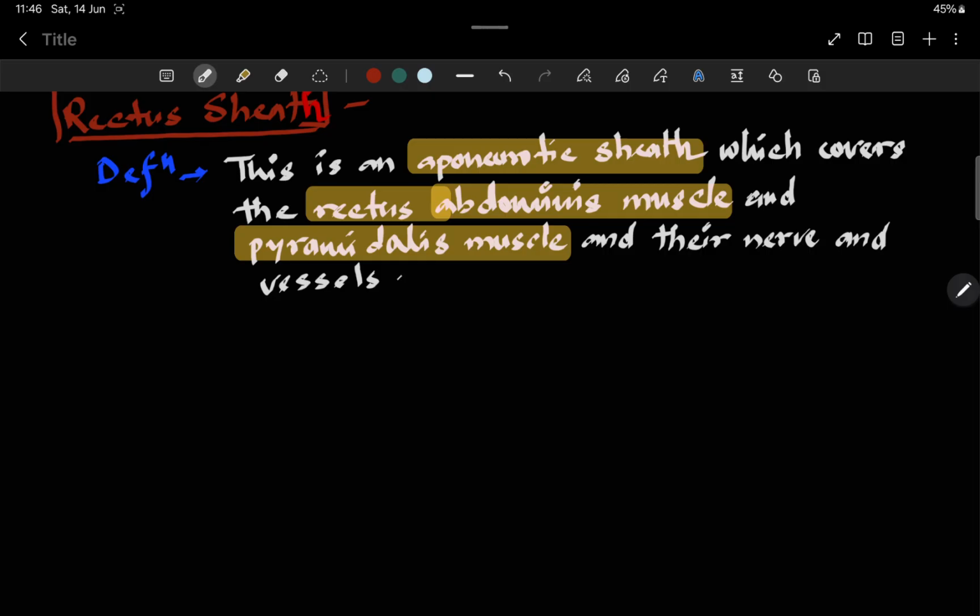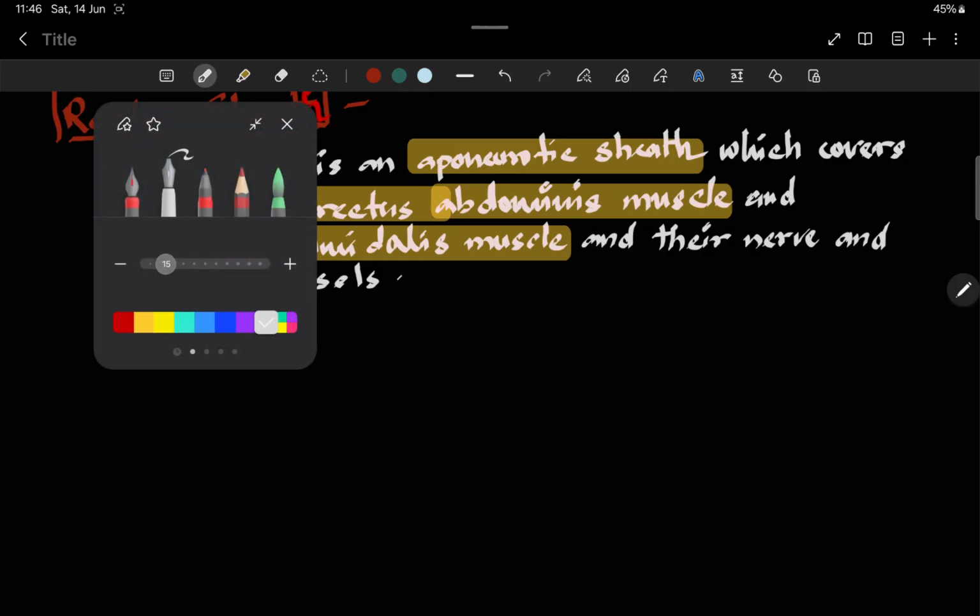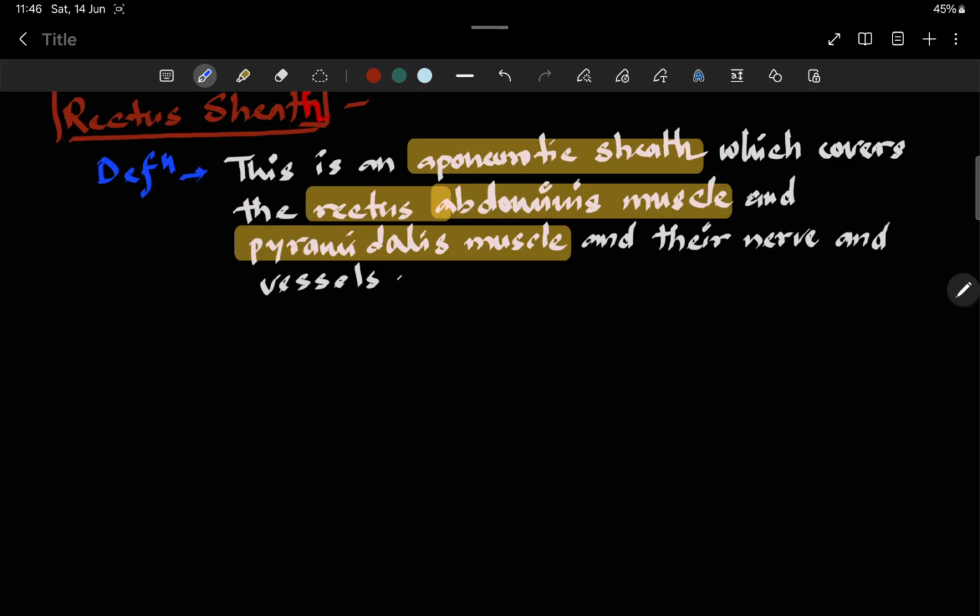Next point is the formation of rectus sheath.